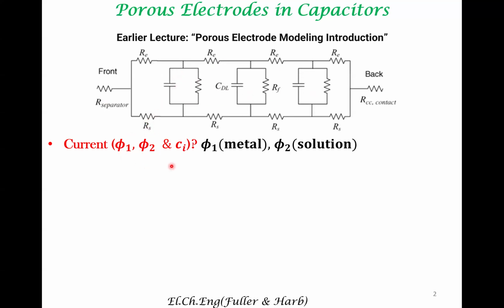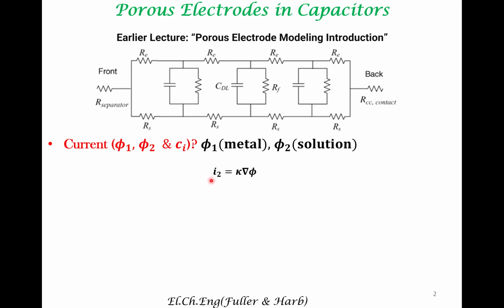So as a function of all these quantities, we were addressing the current response of a porous electrode in the context of batteries. So we would like to look at similar questions in the context of capacitor in this lecture.